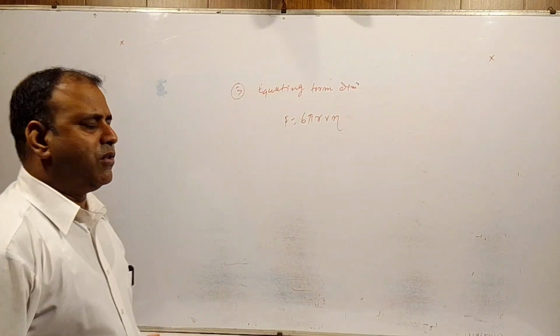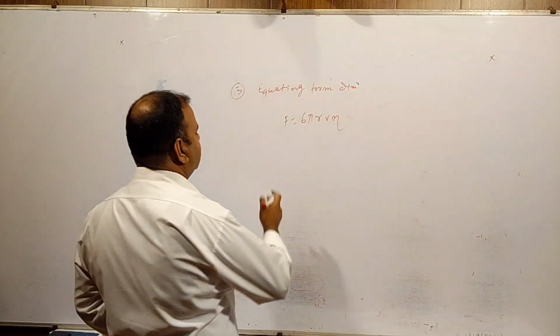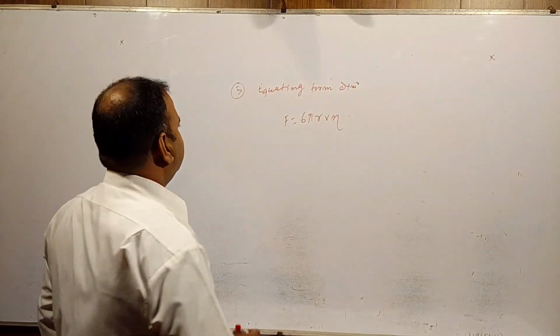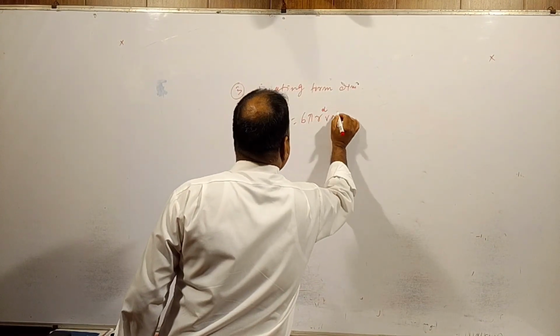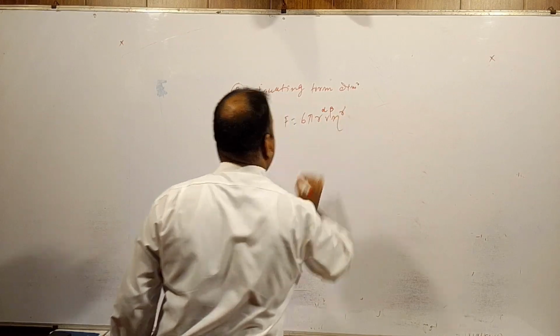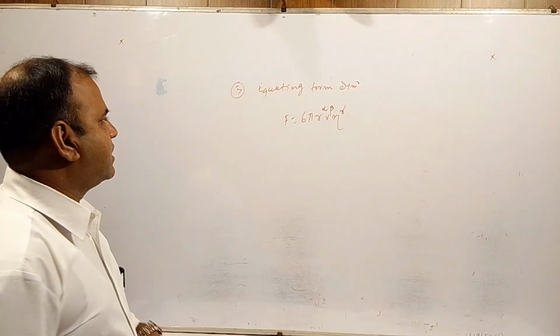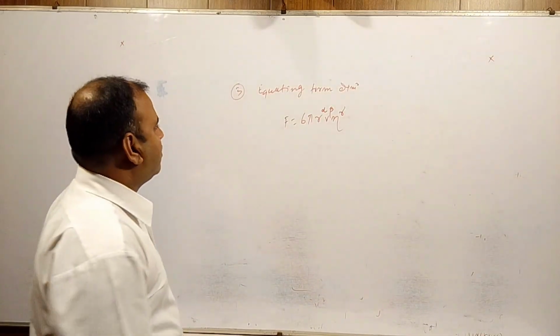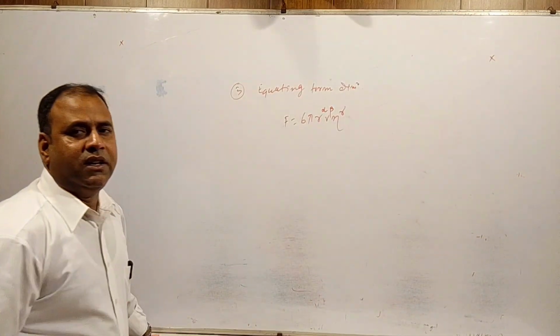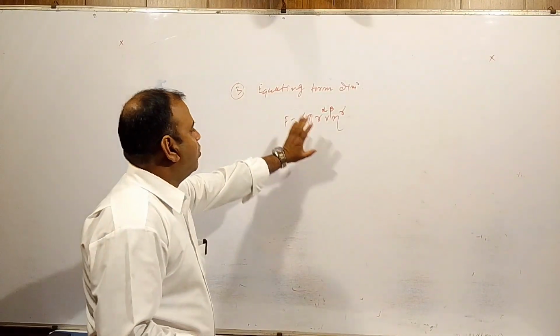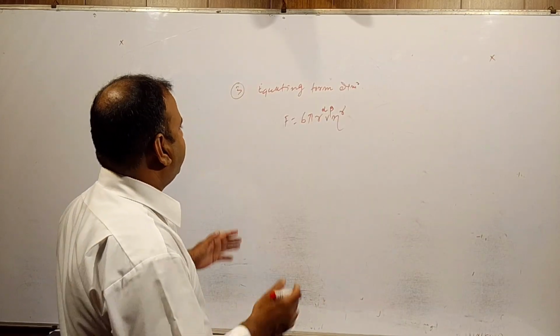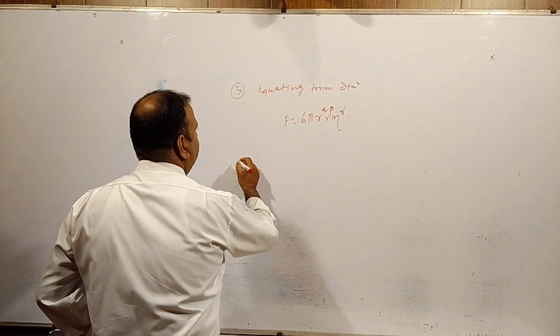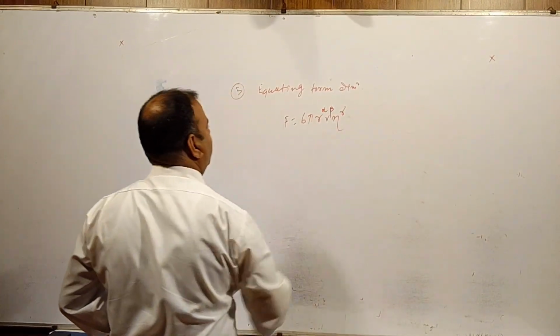This is a kind of formula, and it is called Stokes law. Here are given alpha, beta, and gamma. So using dimension, we have to calculate the value of alpha, beta, and gamma. This is equating form dimension.